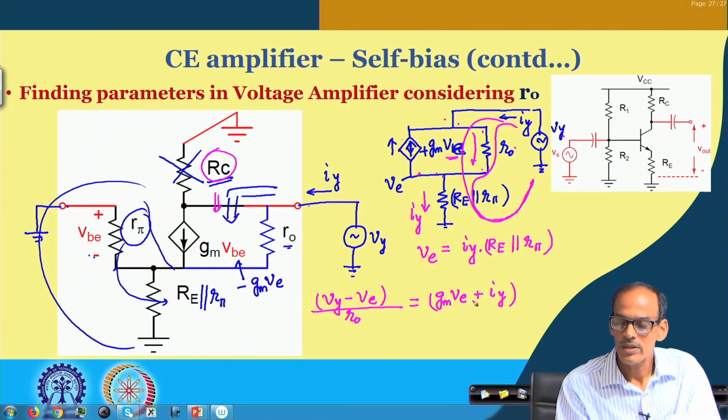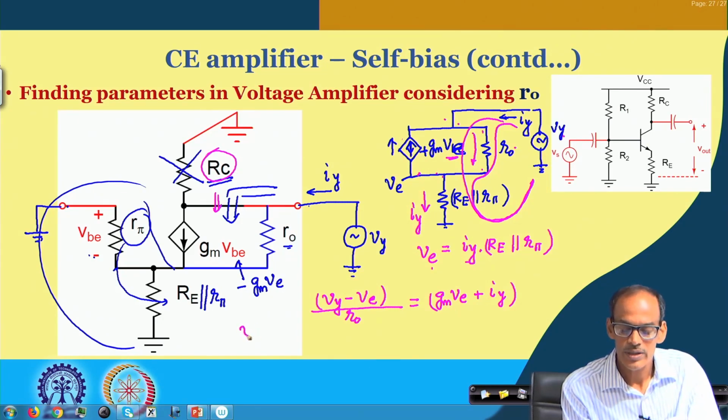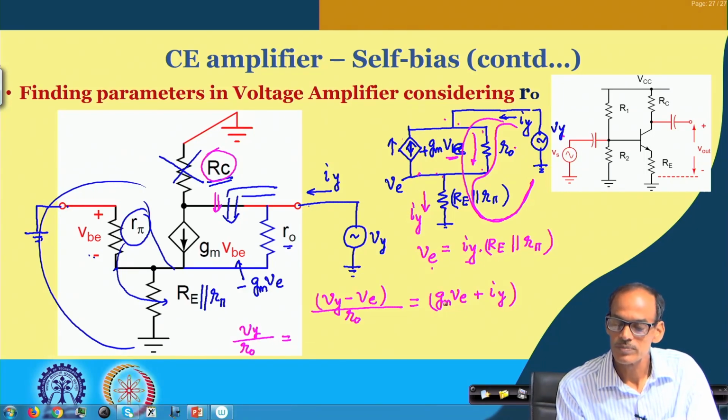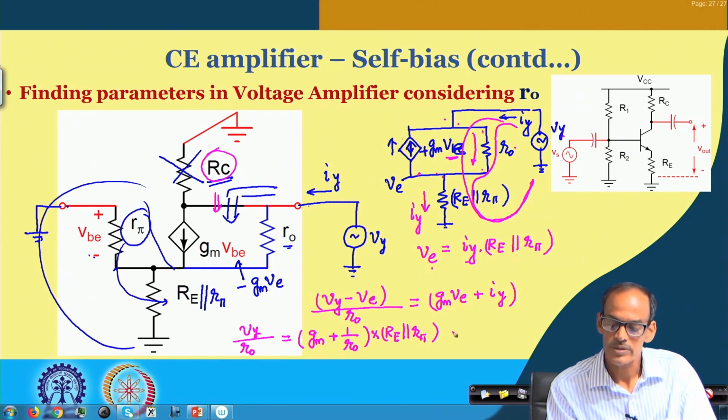So, what we can say is that VE, since it is a function of IY, we can take this VE to the right side. So, what we are getting is Vy divided by R naught equals GM plus 1 by R naught into VE, and VE has this expression, which is RE in parallel with R pi into IY, and also we do have this IY.